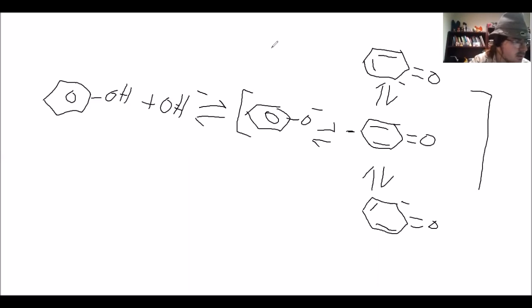So all of these resonance stabilize your structure, thus making this significantly more acidic.